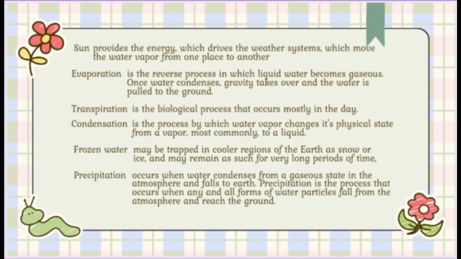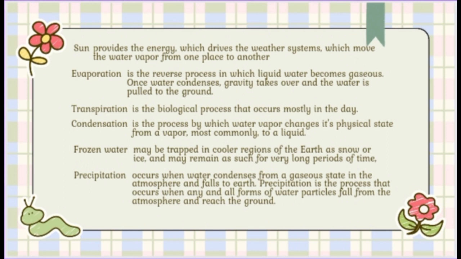Lastly is precipitation. Precipitation occurs when water condenses from a gaseous state in the atmosphere and falls to earth.